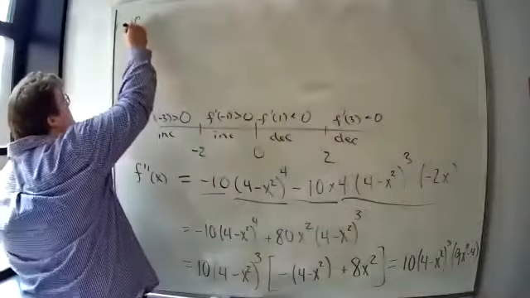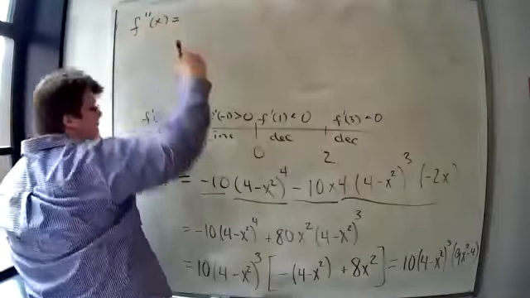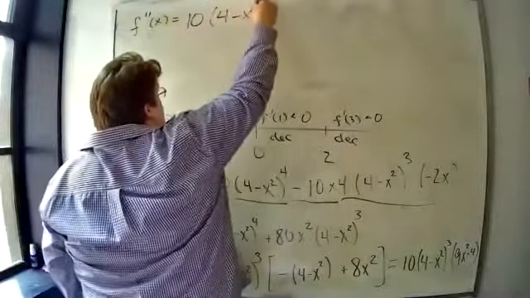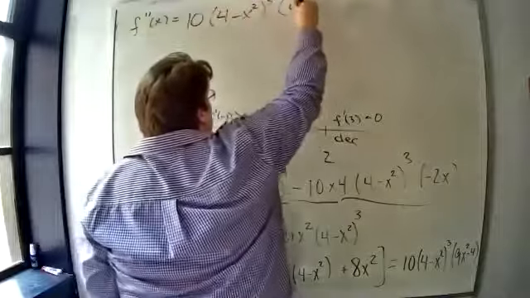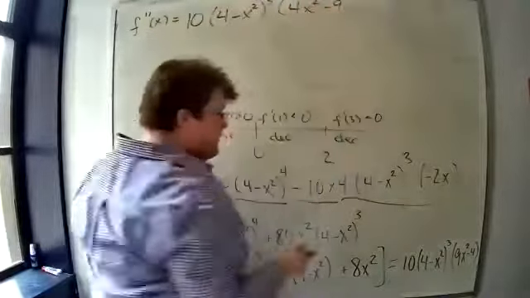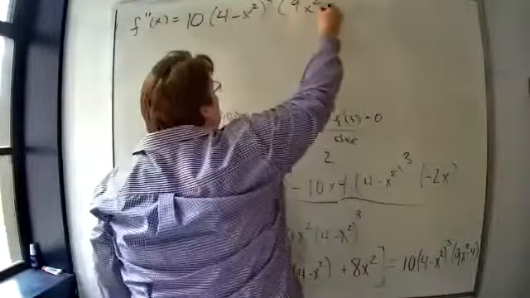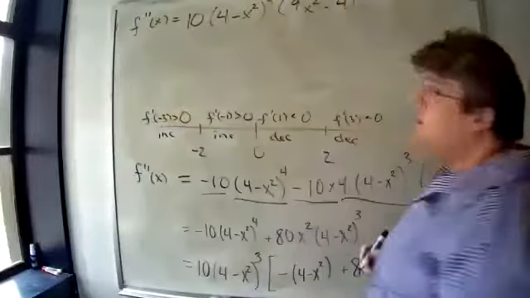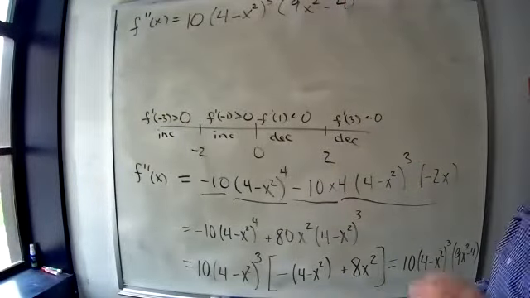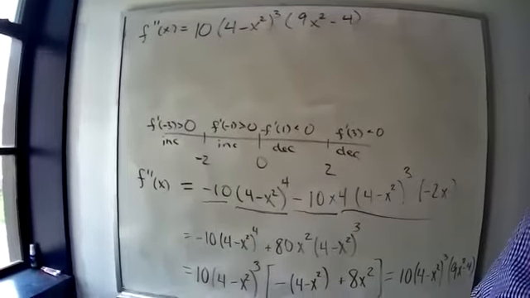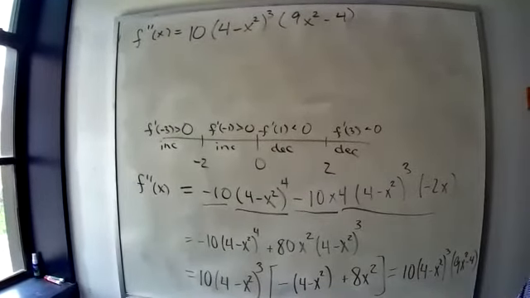So the second derivative equals, I'm just going to rewrite that up here, 10 of these to the third times that, and that's definitely not showing up. Okay, any questions about finding the second derivative here?